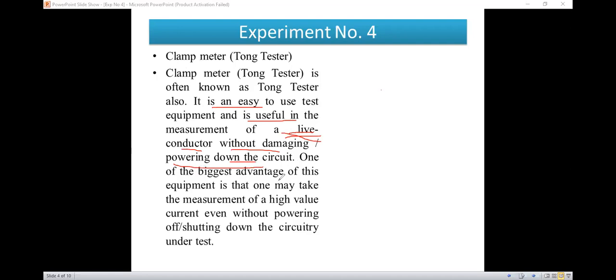One of the biggest advantages of this equipment is that one may take the measurement of high value current even without powering or shutting down the electric circuitry under test.